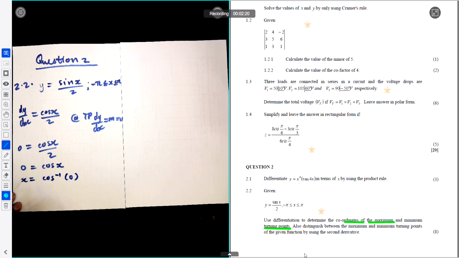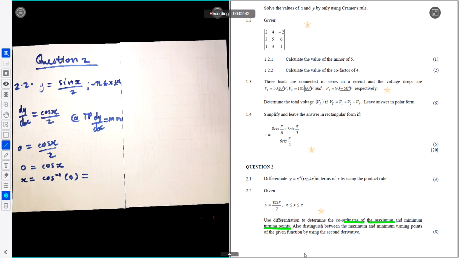If the domain is given in radians, you're allowed to change your calculator to be in radians.